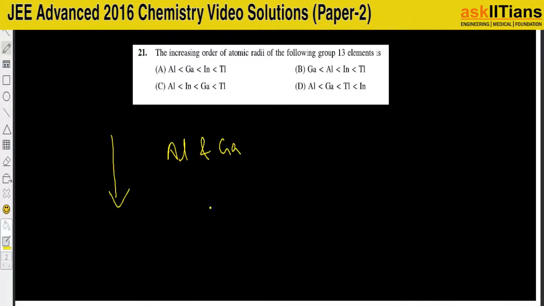If you look, the radius of aluminium comes out to be more than the radius of gallium. I'll tell you also the values. These values are 143 picometer and 135 picometer. Although a very small change, your aluminium is having more size than your gallium.